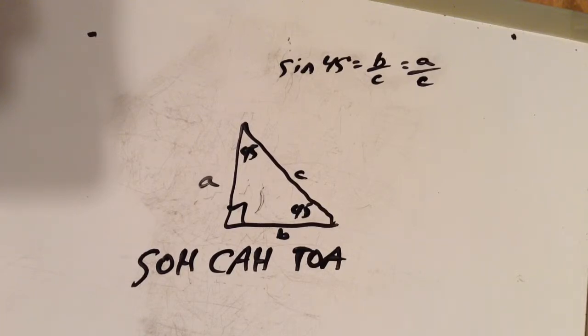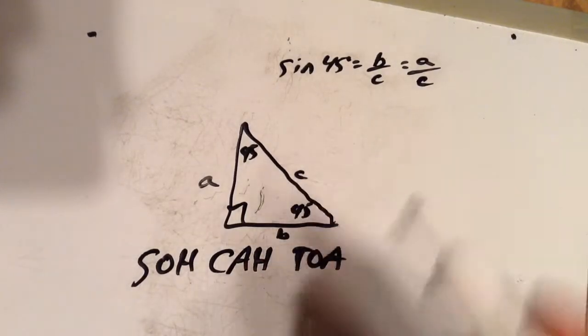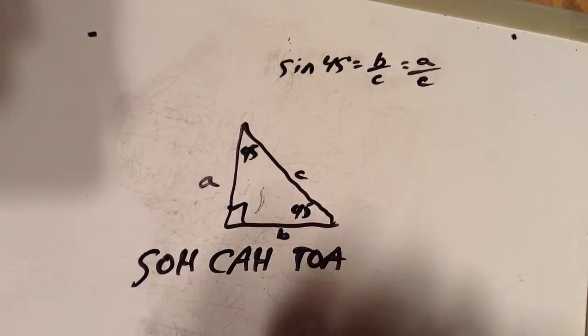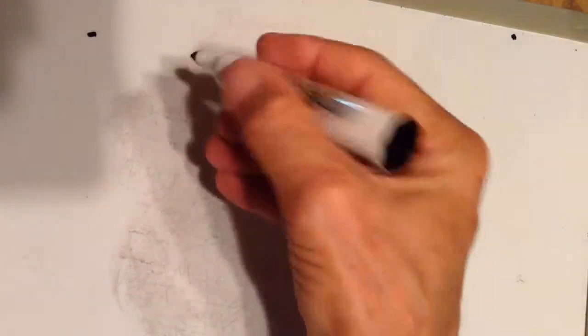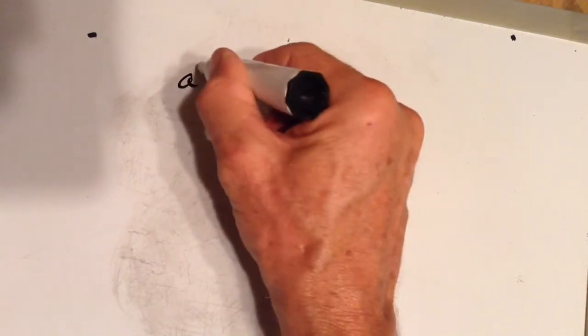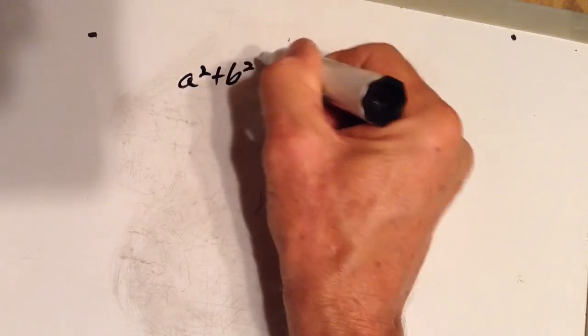Instead of saying A squared plus B squared equals C squared, let me go ahead and erase this. Okay, Pythagoras' theorem, A squared plus B squared equals C squared. In the case of our 45-degree right triangle, we determined that A is equal to B, so A squared equals B squared.